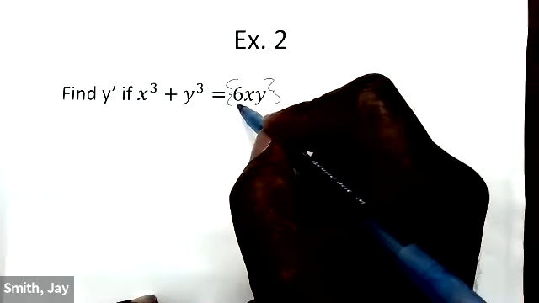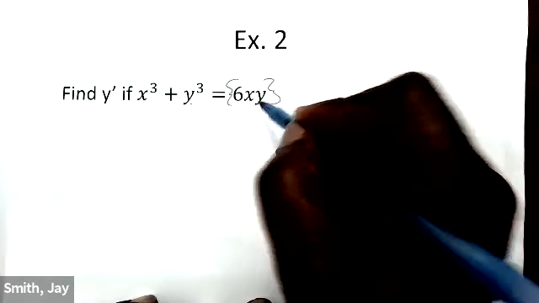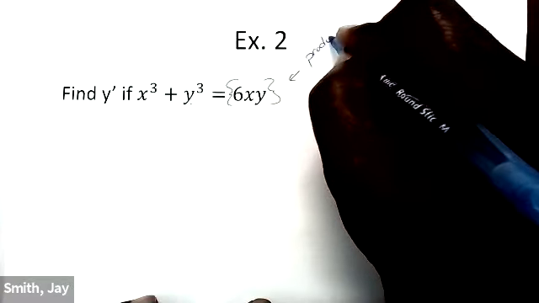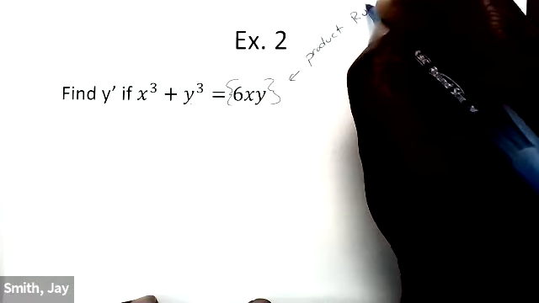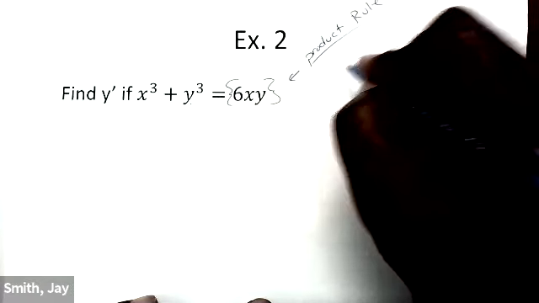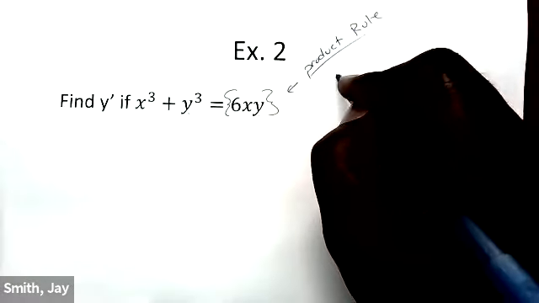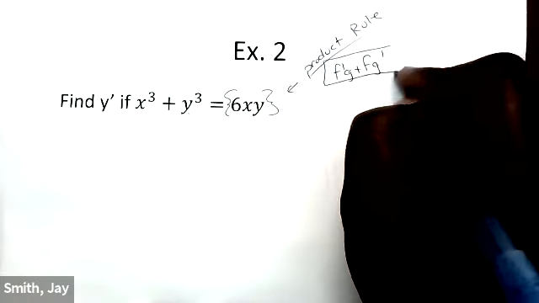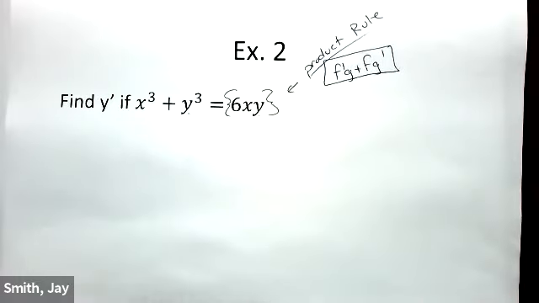Me personally, I would look at 6x as the first differentiable function and y as the second differentiable function. So to find the derivative of the right-hand side, we would have to apply the product rule, or f prime g plus f g prime is one way of analyzing the product rule.